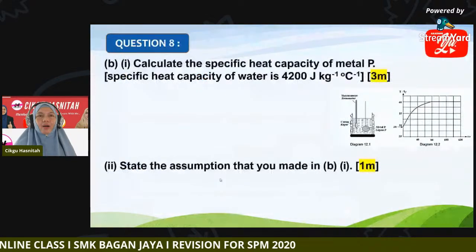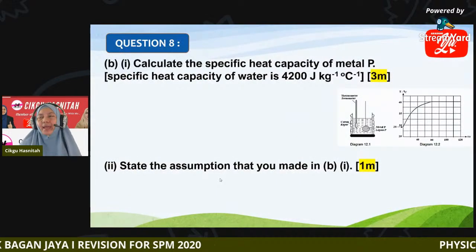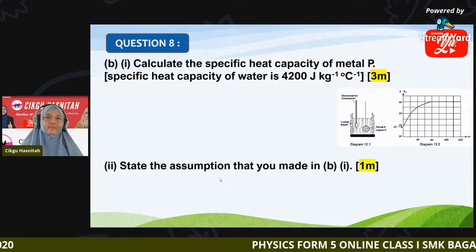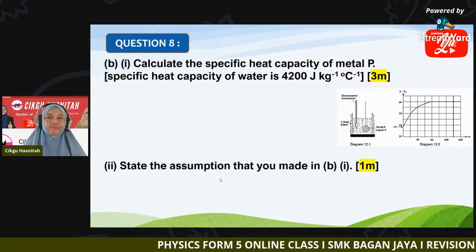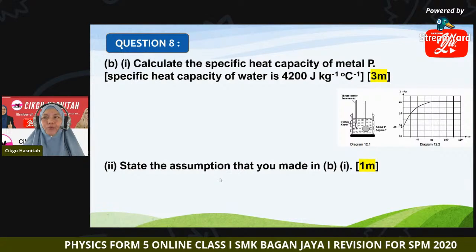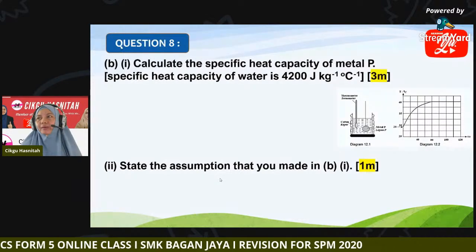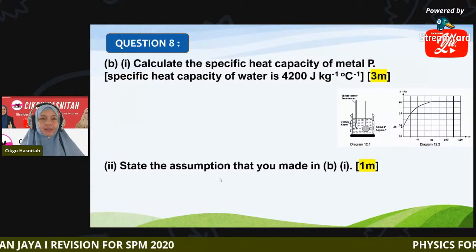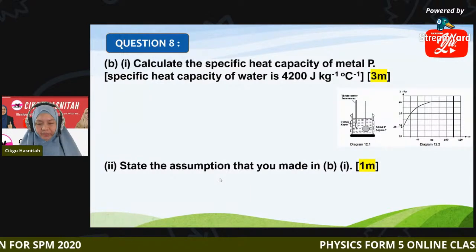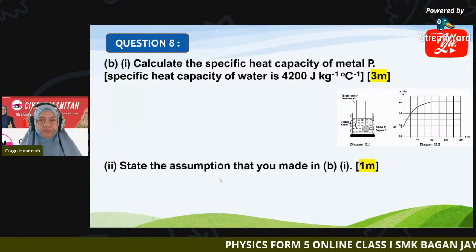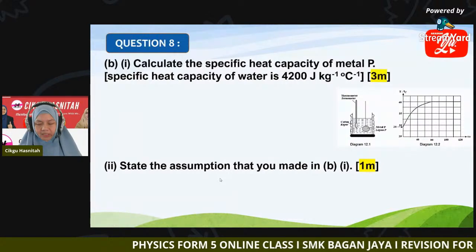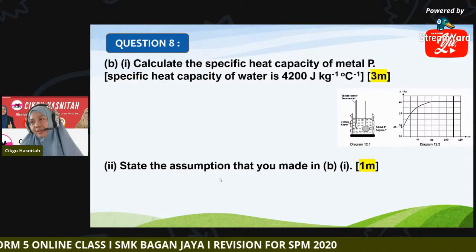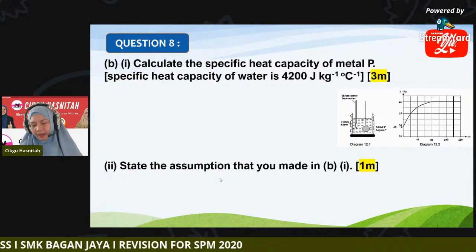Now B1. Calculate the specific heat capacity of metal P, when given the specific heat capacity of water is 4,200 joule per kilogram per degree Celsius. You are given the mass for each, and the specific heat capacity for water. Now how to find the specific heat capacity for metal P? What equation applies here?